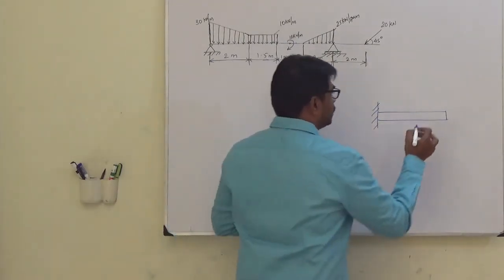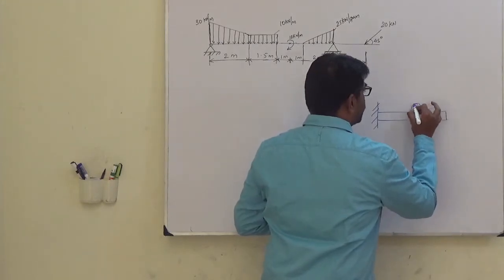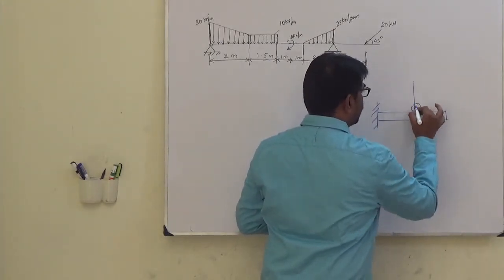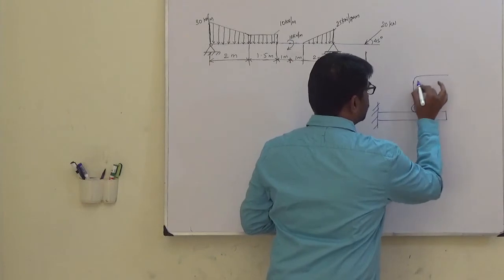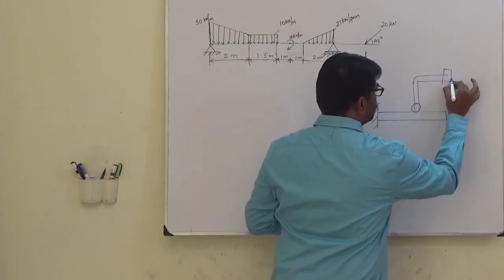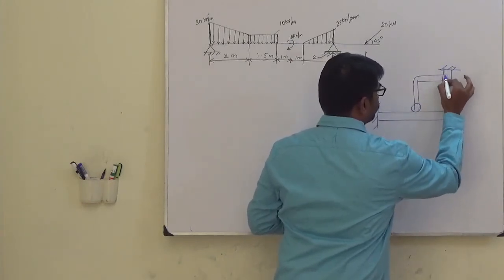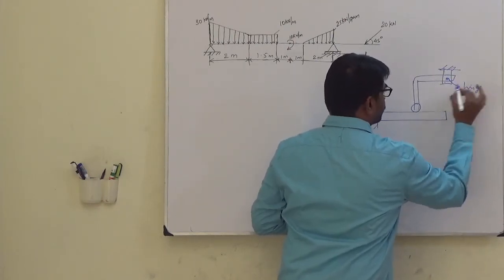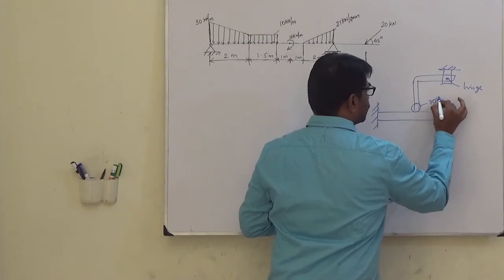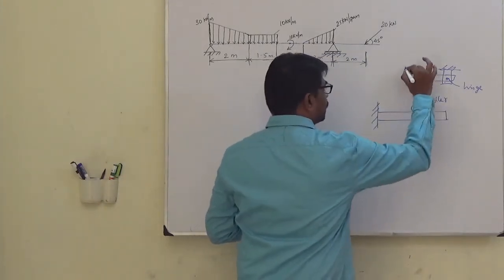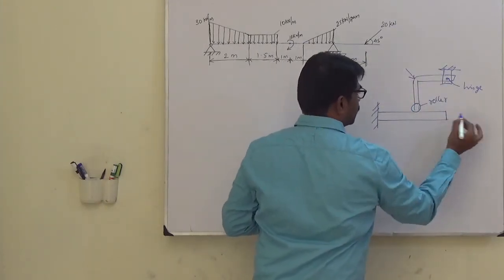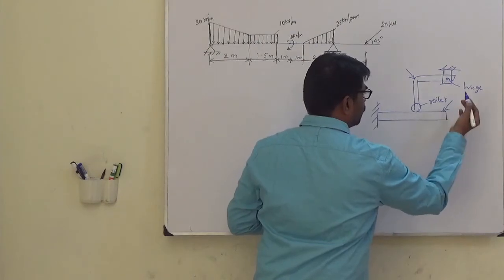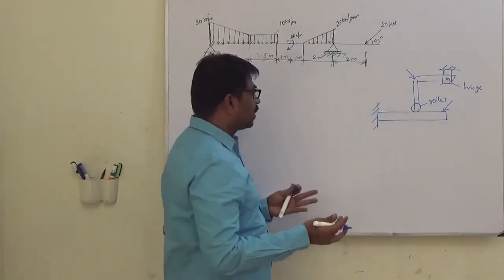Then it is also supported with another roller, assume it is like this, and it is hinged here. It is a hinge, it's a roller, and some external forces are acting here too.